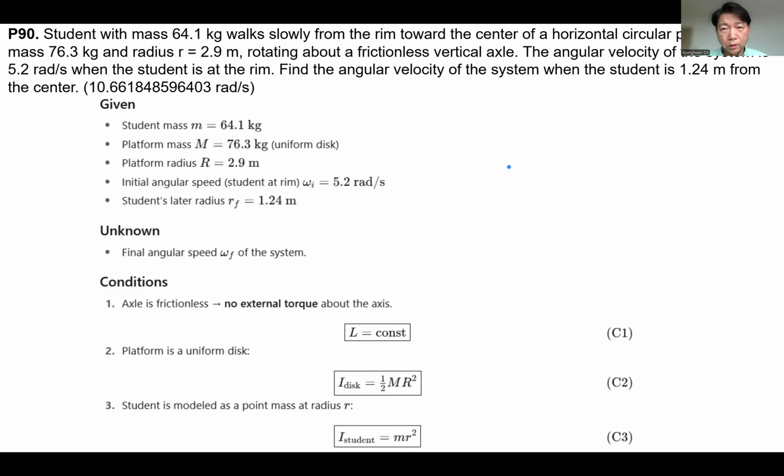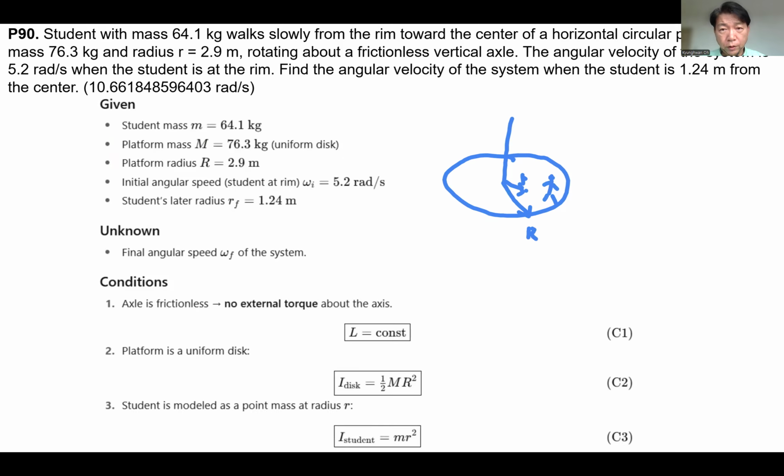The situation is like this. There's a circular platform, and the student is walking from the edge to a certain radius L. Okay, that was the starting point.